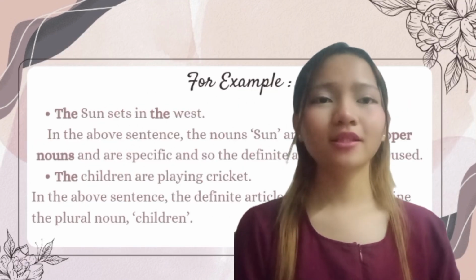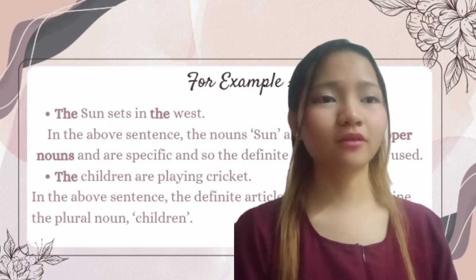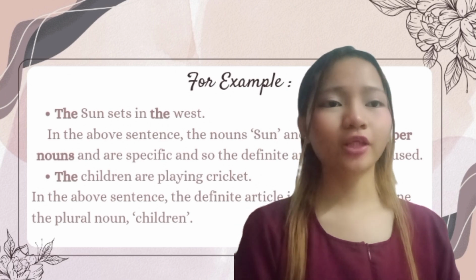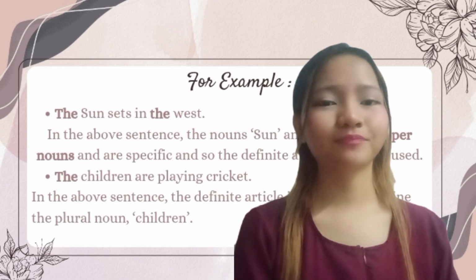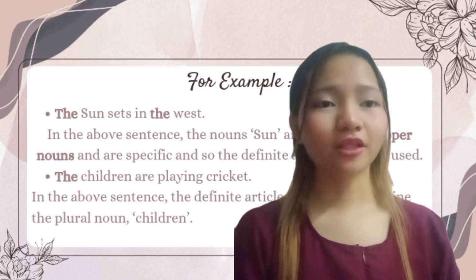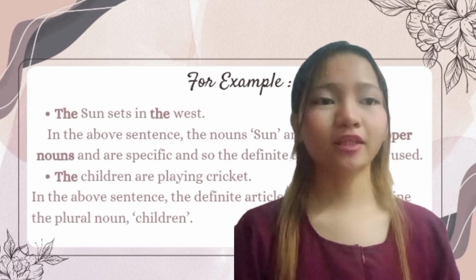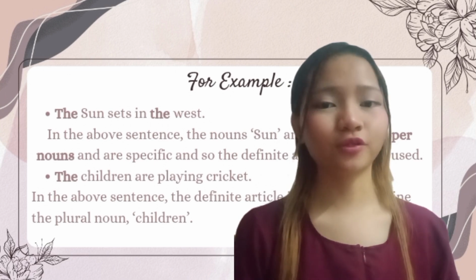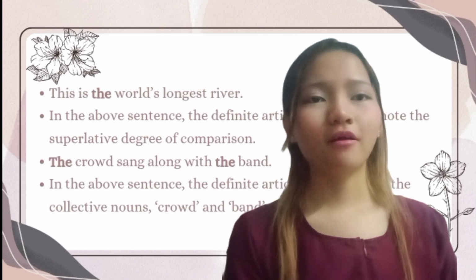For example, the sun sets in the west. In the above sentence, the nouns sun and west are proper nouns and are specific, and so the definite article has to be used. The children are playing cricket. In the above sentence, the definite article is used to determine the plural noun children. Here are the other examples.